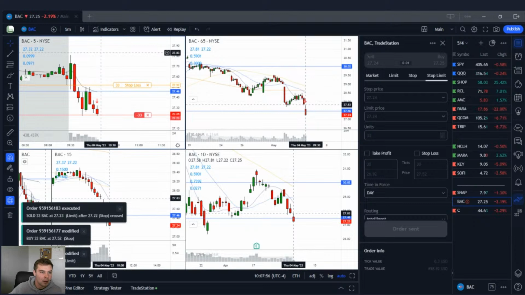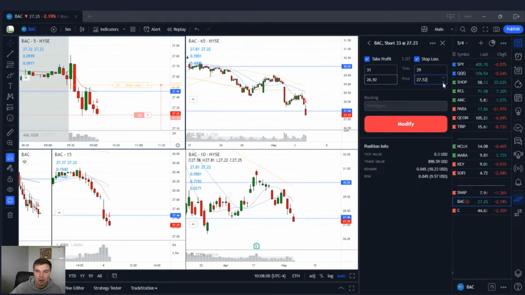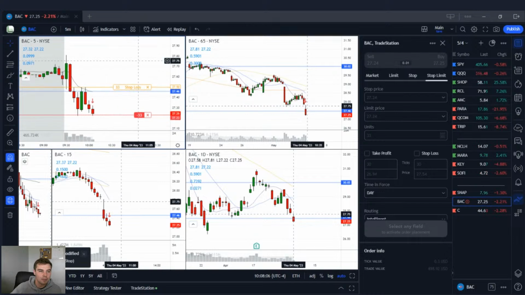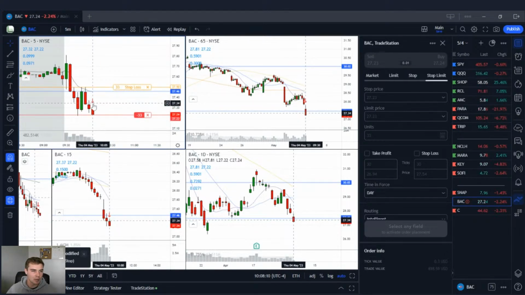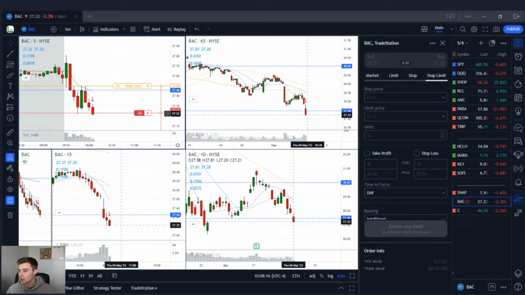Bam. Got us right in there. There we are. So order is in. Move that stop down just a couple pennies. Did we get any slippage? Actually, we got a better fill. So that's always good.